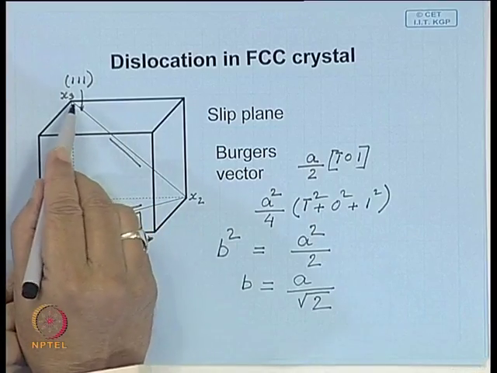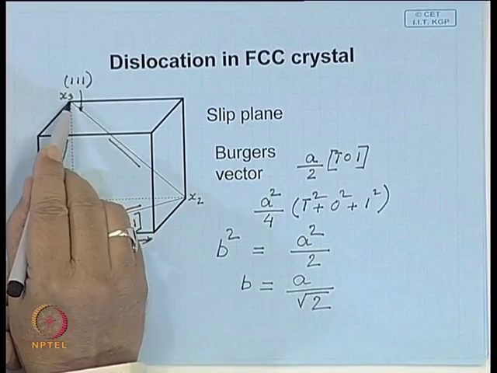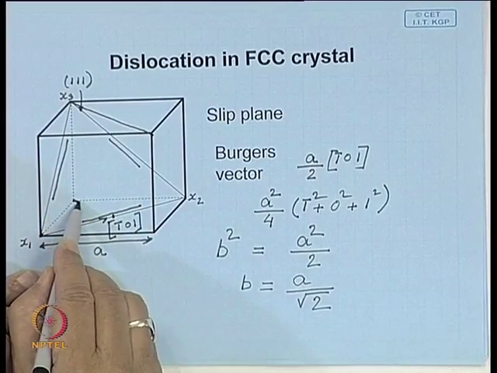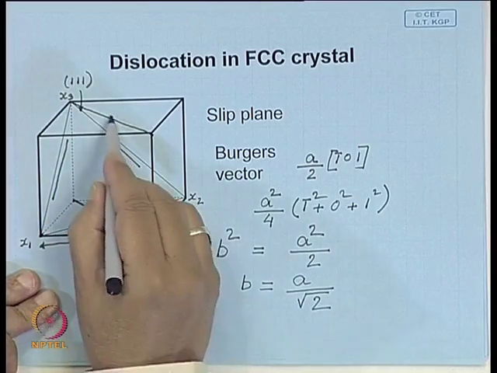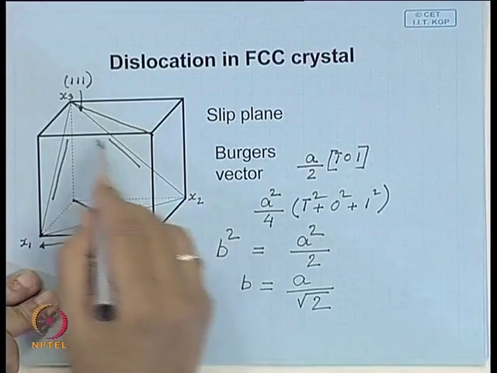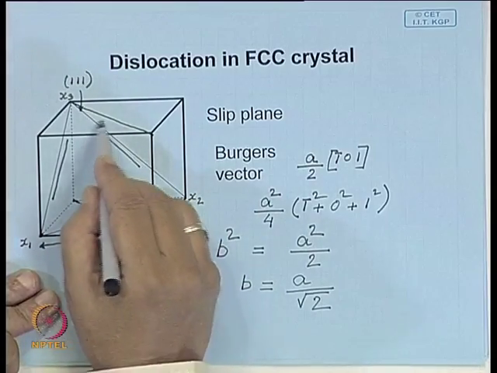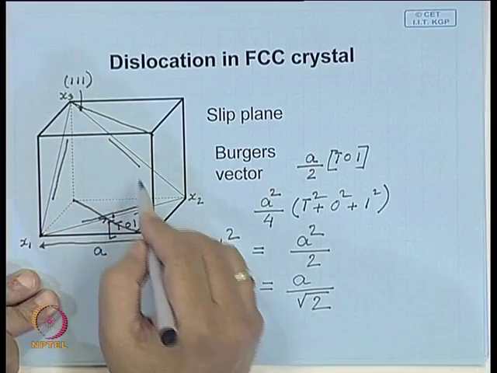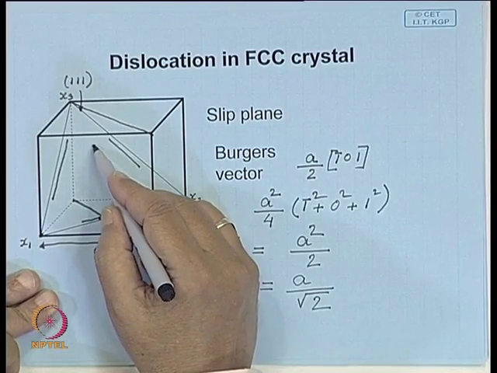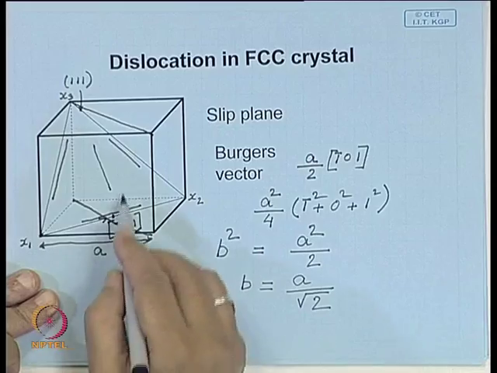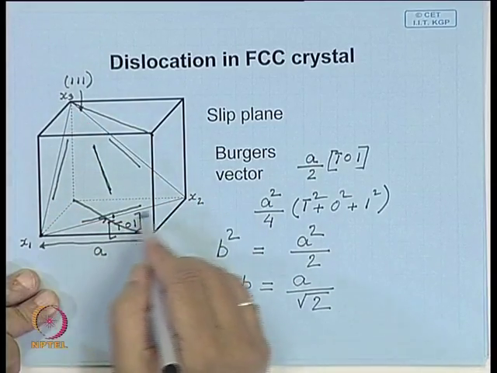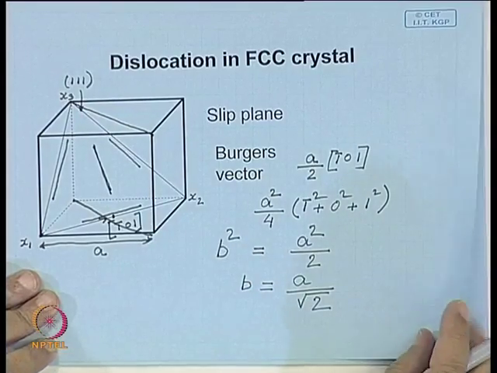So, you visualize this plane. You intersect this plane along a particular direction, which lies on this plane but is perpendicular to the Burgers vector, which is quite easy to check.